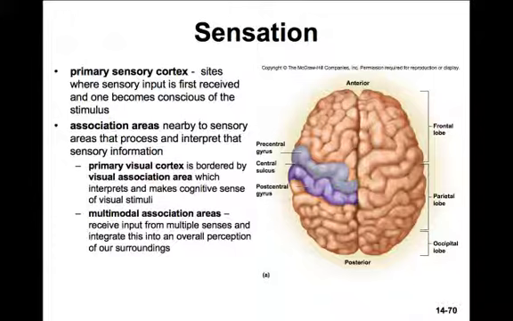For example, the primary visual cortex receives input from the eyes, and it's broadened by the visual association area, which interprets and makes cognitive sense of the visual stimuli. Some areas process information from many sources. These are called multimodal association areas. They integrate the information into an overall perception of the surroundings.